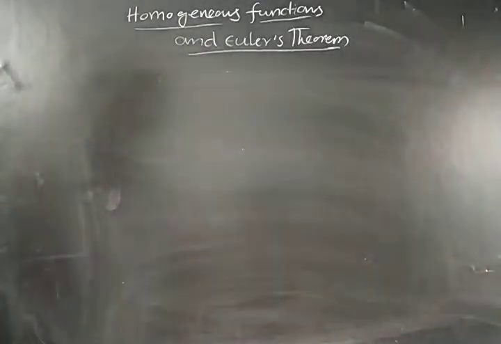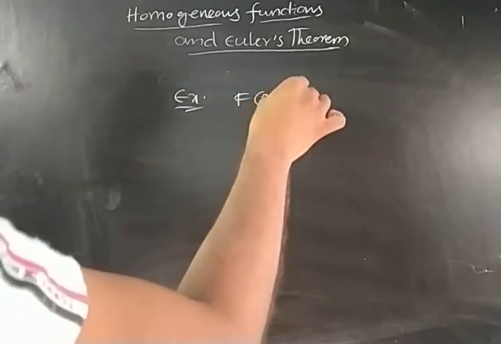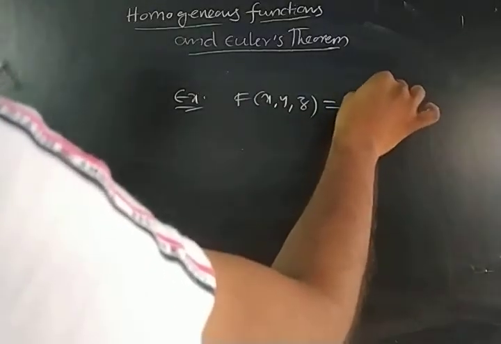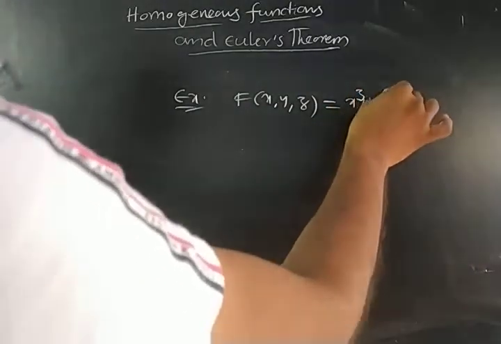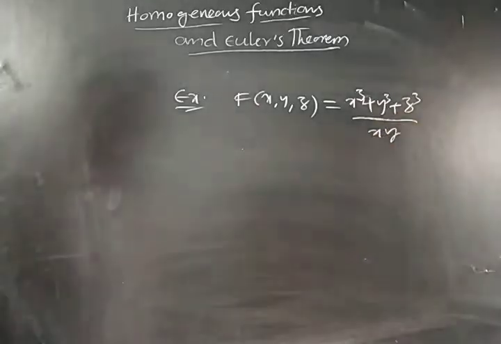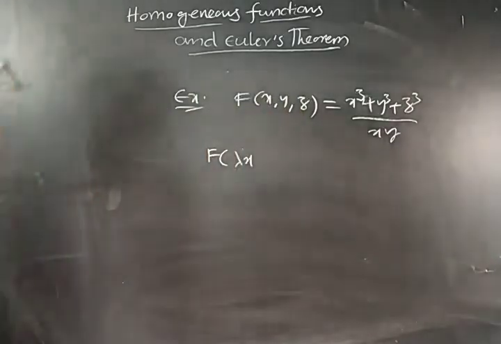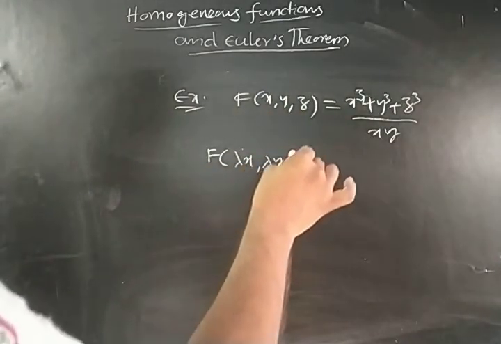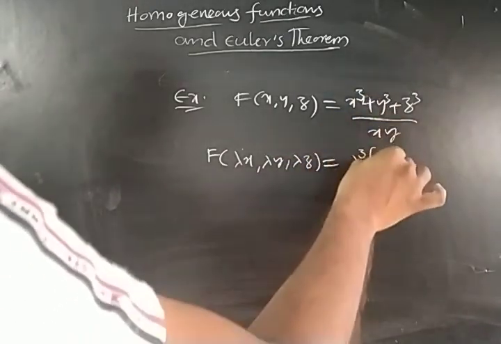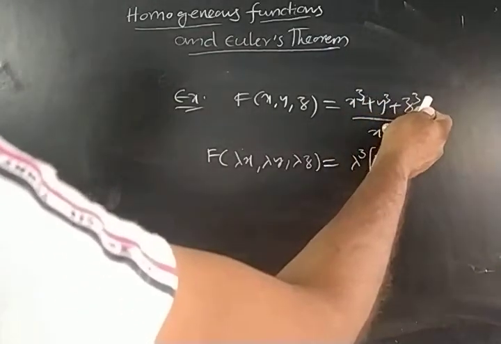Suppose I take three variables. Example 2. Suppose I take a function in three variables, f of x comma y comma z equal to x cube plus y cube plus z cube by xy. To check whether it is homogeneous, in place of x, y, z we substitute lambda x, lambda y, lambda z. Then you get lambda cube x cube, lambda cube y cube, lambda cube z cube after substituting.